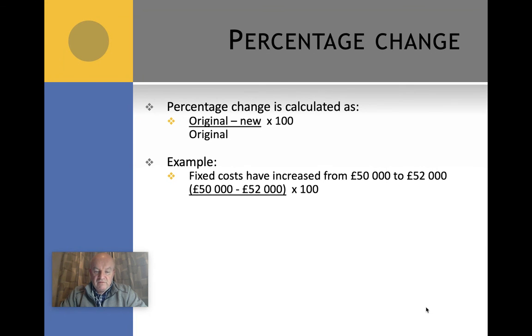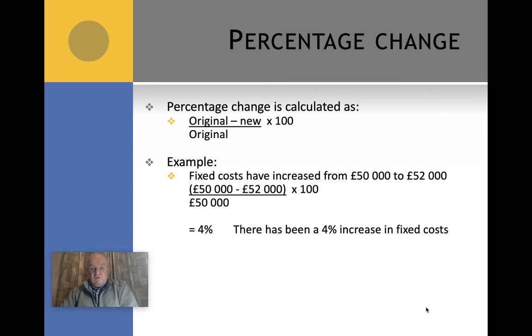Our new figure is £2,000 more, and so when we calculate that and divide it by the original figure, that gives us a 4% increase in fixed costs. Okay, it's as simple as that. It's just the original figure compared to the new figure, what's the difference between the two, and then divide whatever that difference is by the original figure, times it by 100, and that gives you the percentage change in the figures.